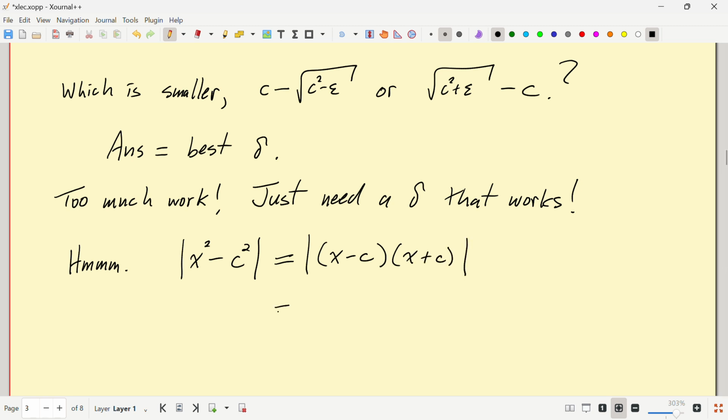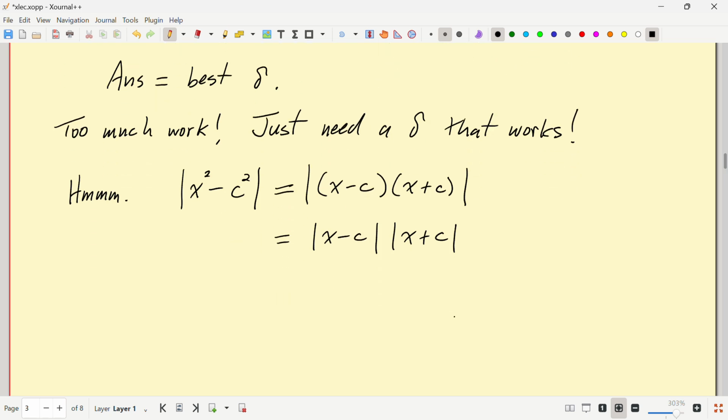And of course, that's equal to x minus c times x plus c. And this is basically my delta. That's going to be less than a delta. And I want this to be less than the epsilon I give. Okay. And so, in fact, what I really want to get is a bound on this.